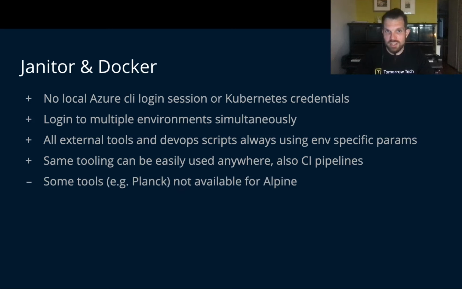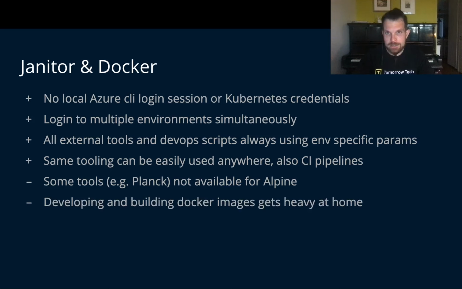Some of the cons then are that not all the tools that we use are available. We couldn't even get Plunk compiled for Alpine, so we ended up using Ubuntu, and that means also that our image is pretty big. The Ubuntu image of Janitor that contains all the tooling that we wanted to have is 2 gigabytes.